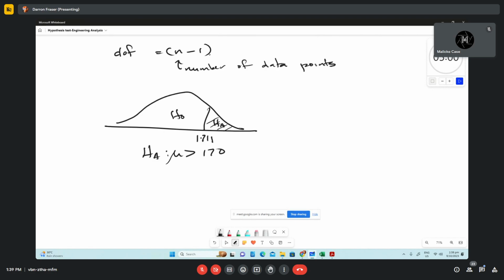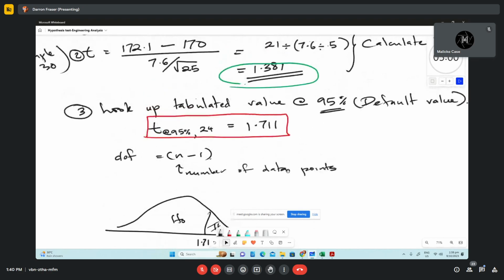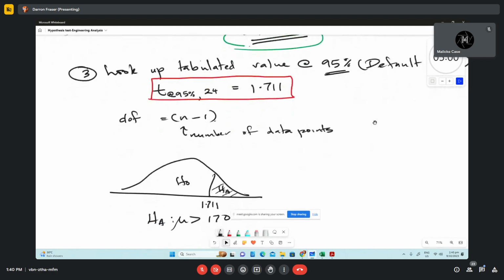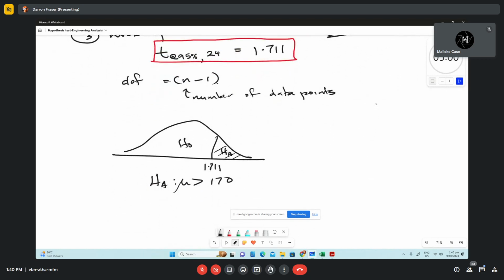Now 1.381, where does that lie? Well, it lies in our H0 section. It lies somewhere over here.